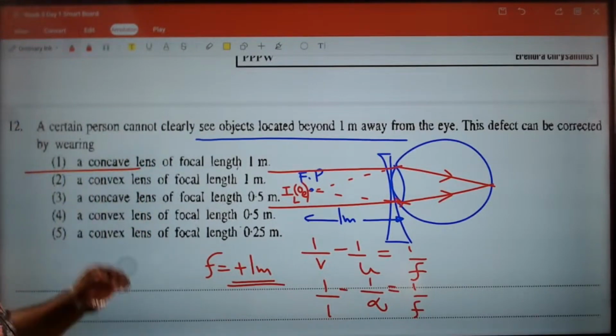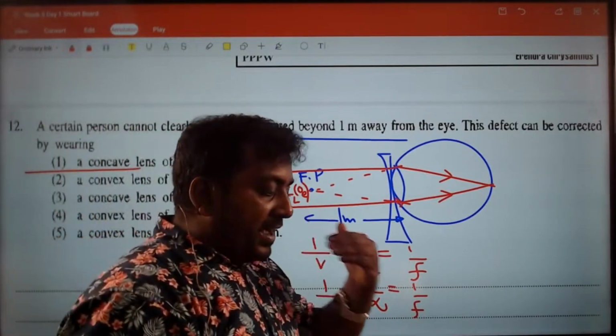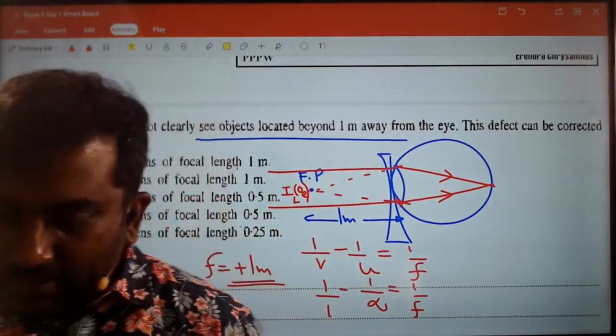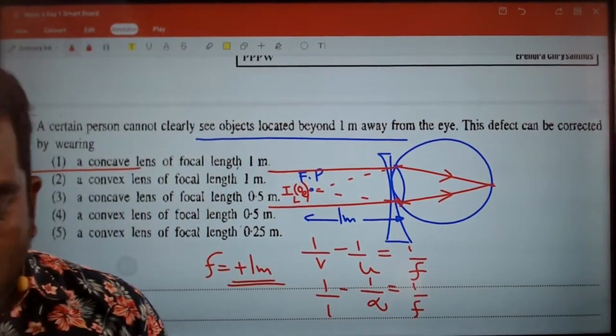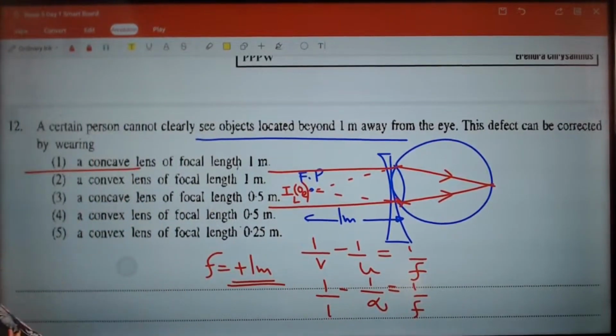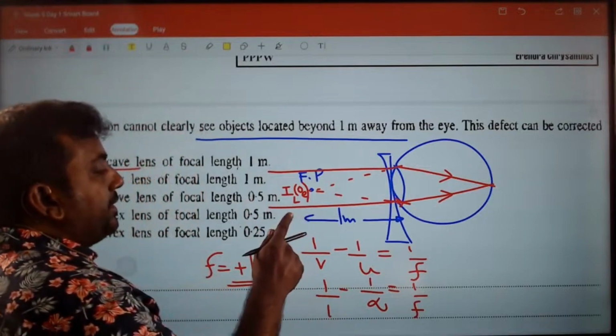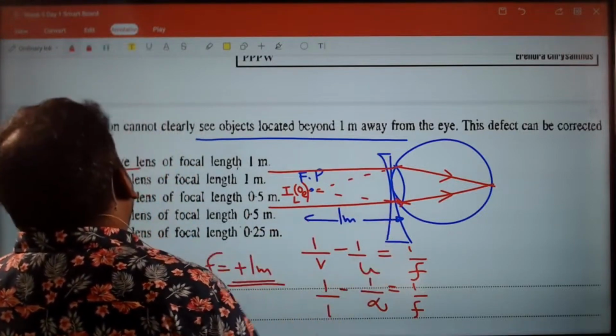If the person cannot see beyond 1 meter, it means he is short-sighted. Therefore, to correct the vision, we must use a concave lens.